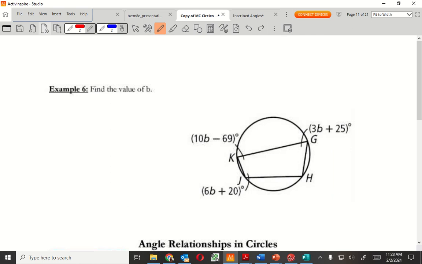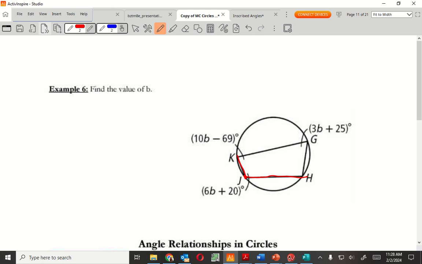Okay, here we go. This one, we look, this is going to be at an angle right here. It is going this way, and it's going this way.